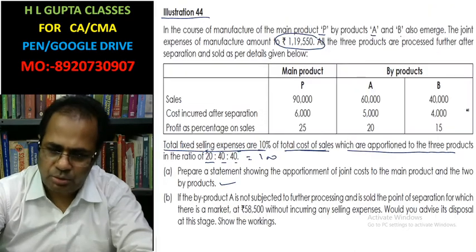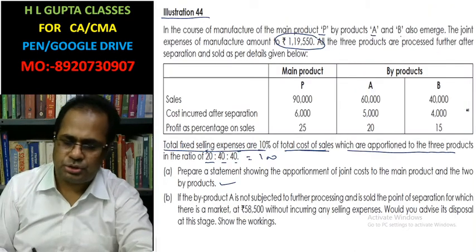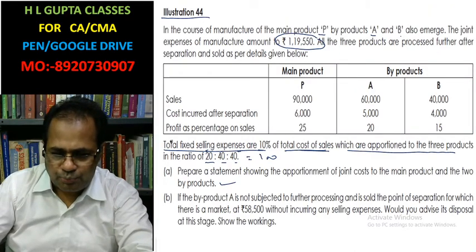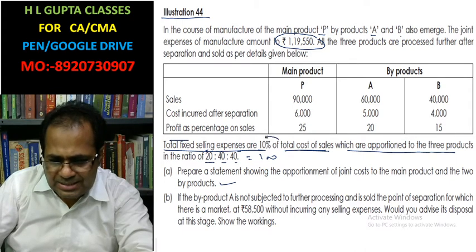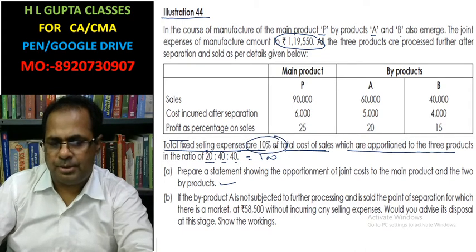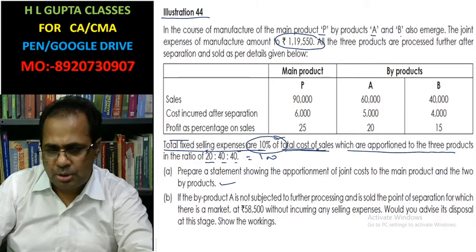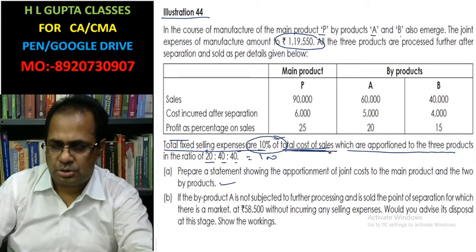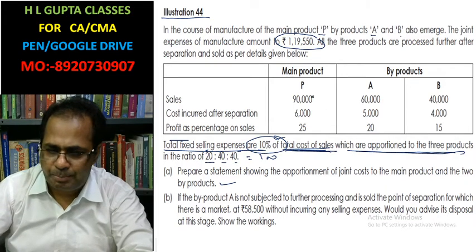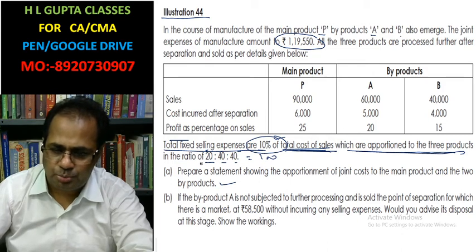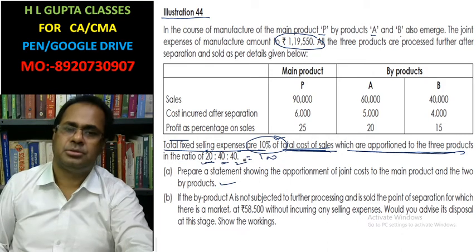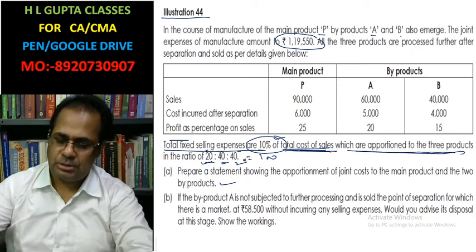Okay, please look here. In the given question, total fixed selling expenses are given, 10% of the cost of sale, which are apportioned in P, A, B in the ratio of 20%, 40%, 40%.